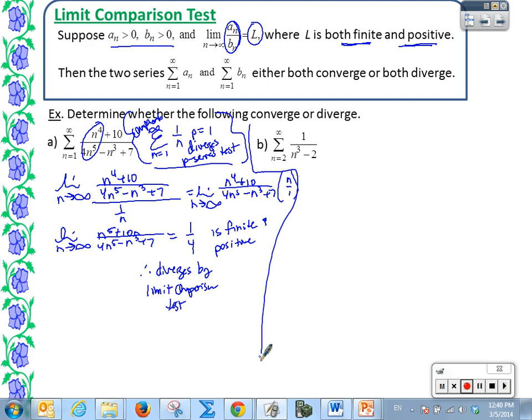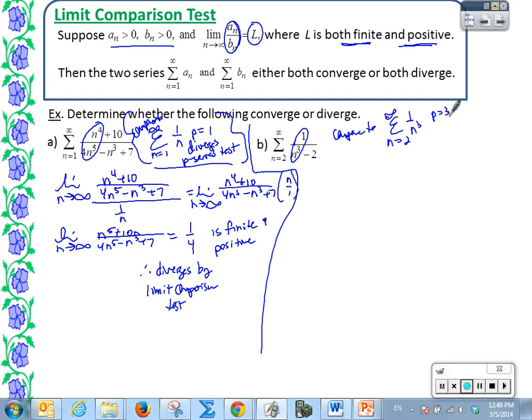Okay, last one. I'm going to compare to this series. Notice how I'm starting my series at the same place they are, starting it at 2, just like they are. This is a p series.